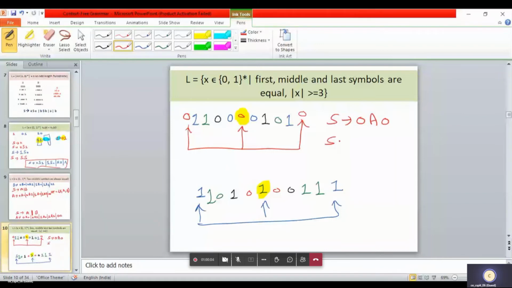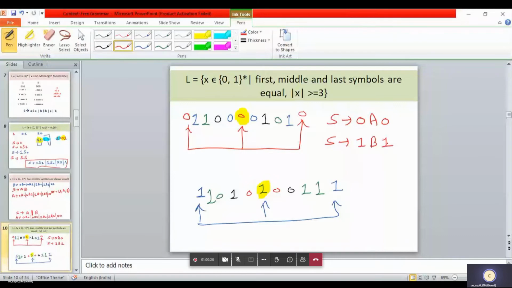If the first symbol is 1, the last symbol will also be 1. You cannot have a different symbol. So this is how we are fixing the positions. From S, we have 0A0. If first is 0, last is 0. From S, if first is 1, last is 1.